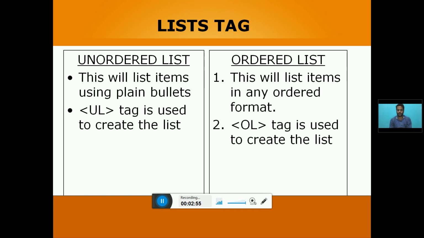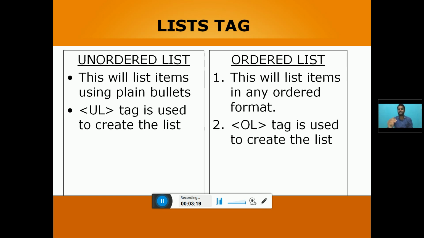The unordered list uses the ul tag to create its list. But in an ordered list we have some order, either increasing or decreasing: number one is written for this option, number two for this.